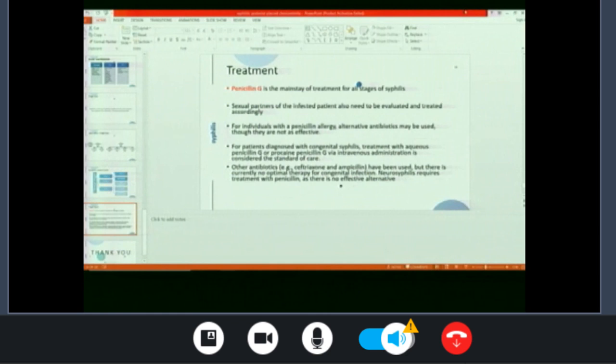Usually they resolve, and they don't have relapses. It is not a recurrent disease. However, you should search for other STDs, including HIV, and also sexual partners.